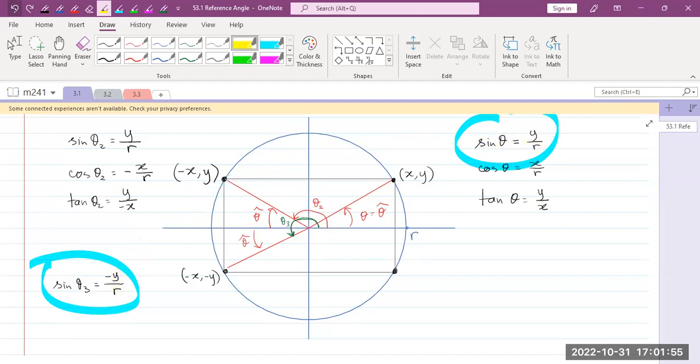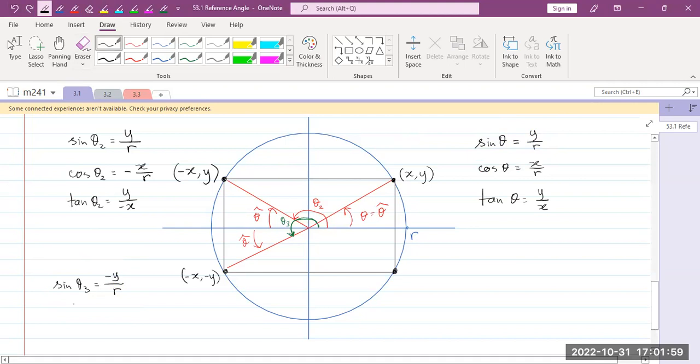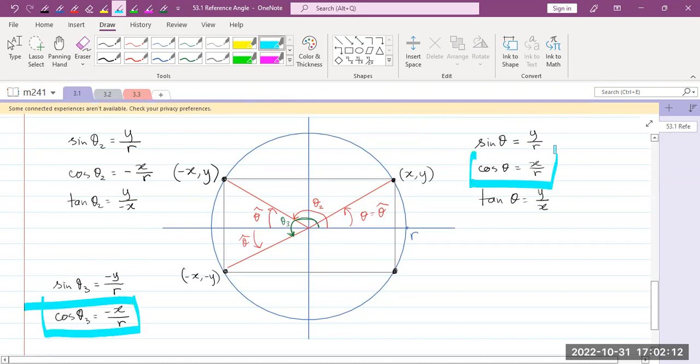We can do this again and again. For cosine, cosine of an angle in quadrant 3 is negative x over r, the opposite of the cosine of the reference angle. In quadrant 1, every trig function is positive. In quadrant 3, cosine is negative, and sine is also negative.